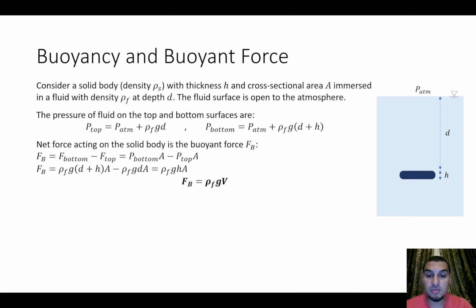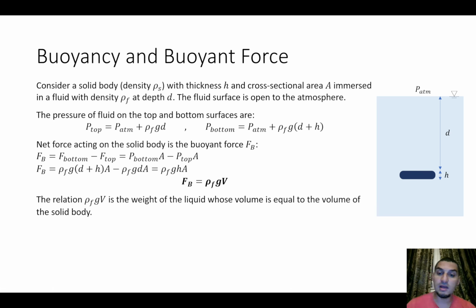Now notice that rho of the fluid times the V of the body is equal to the mass of the fluid that has the same volume as the solid body. We know that mass is density times volume.